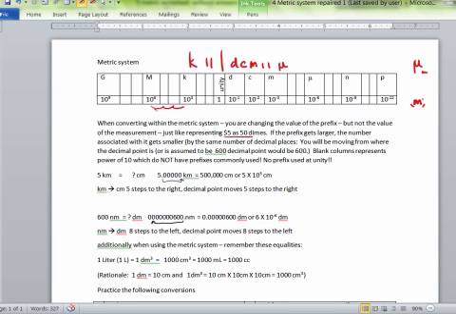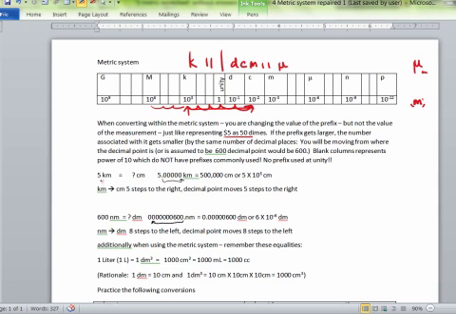So, if you had 5 kilometers and wanted to change it to centimeters, you are at kilometers and you are going to move the decimal point enough steps to get it to centimeters. In this move, we have 1, 2, 3, 4, 5 steps to the right.